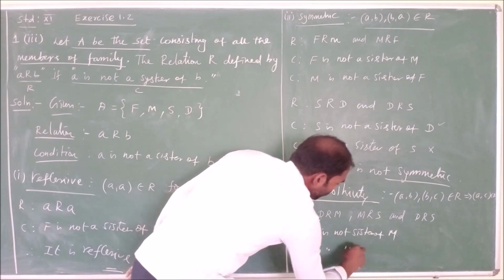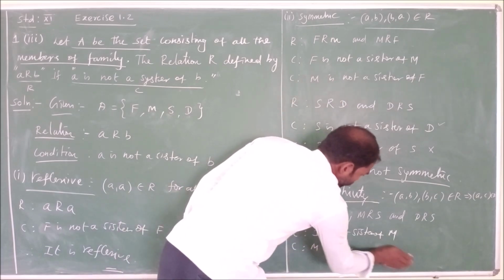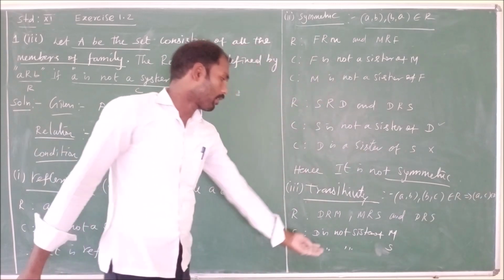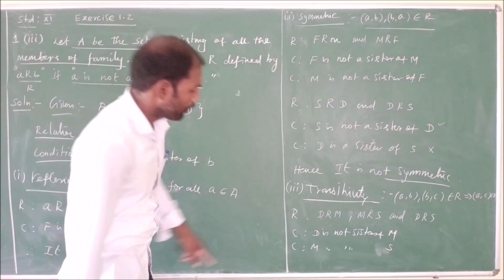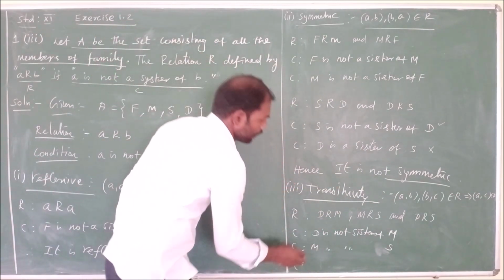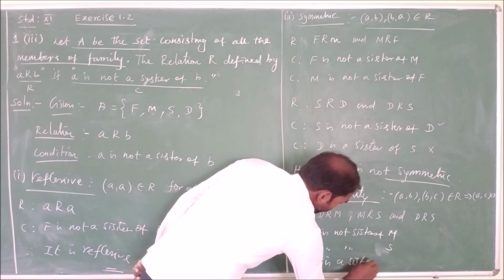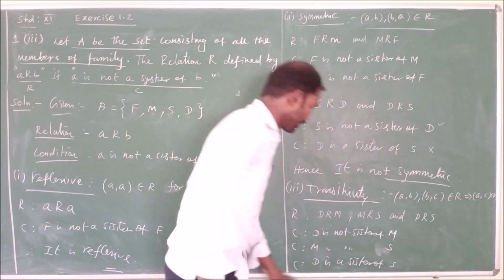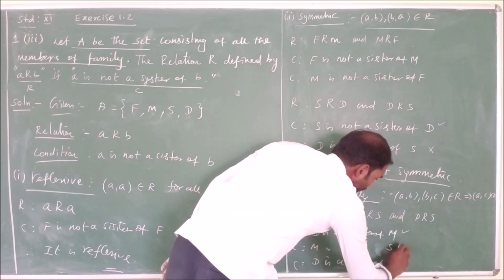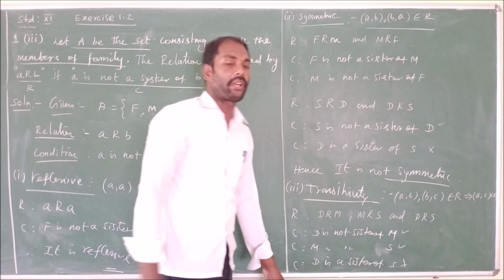M is not sister of S. But the third condition is daughter is a sister of son.